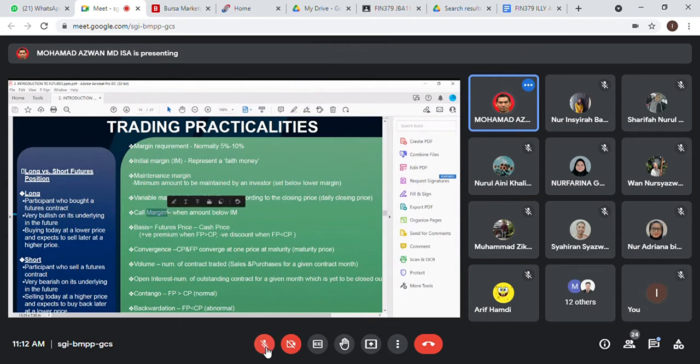Maksudnya when you close trading at the counter hari esok, katakan you fall below 8,000, katakan fall to 7,000, the clearing house will call you to top up margin. How much do you have to top up if the margin balance falls to 7,000? 1,000? Maksudnya back to maintenance margin?